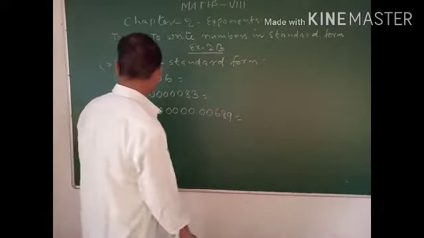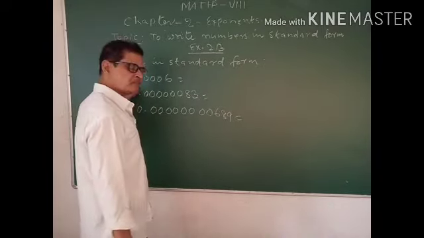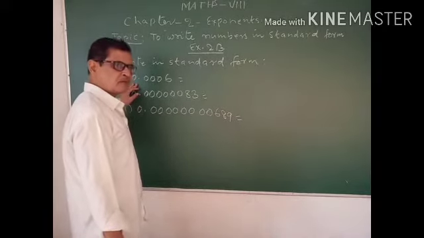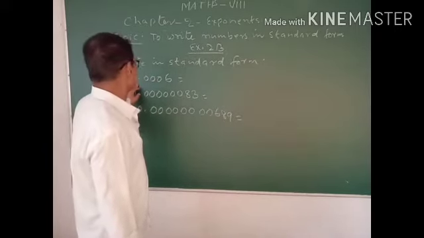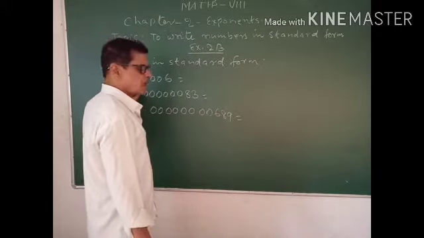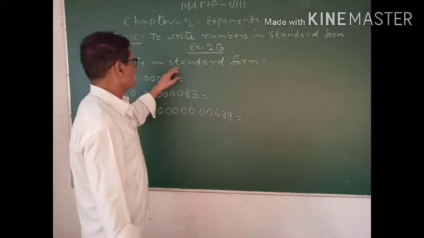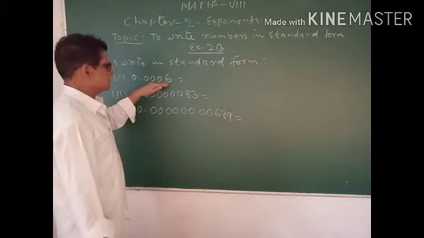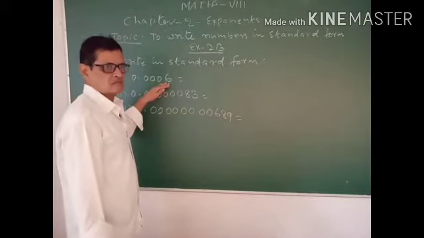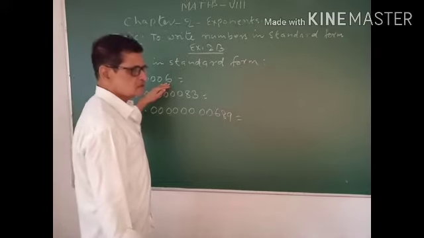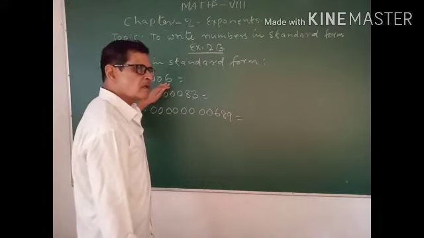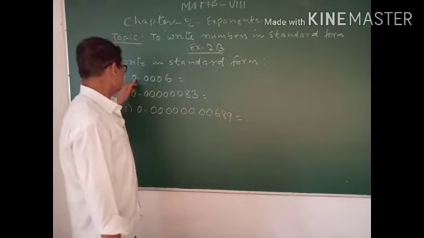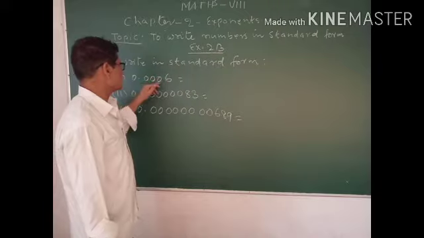In the previous example, we have seen how the standard form is helpful to write a given large number in a standard form. Now I am giving these examples. These numbers are very small. So this technique is also applicable for smaller numbers. You can imagine 0.0006.